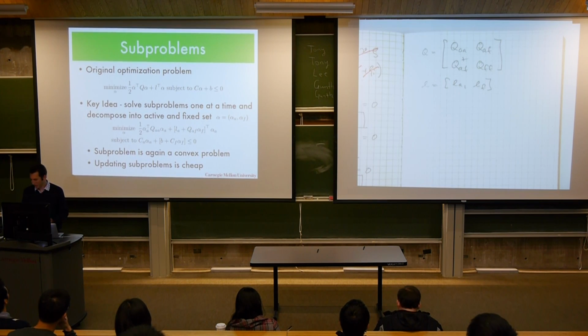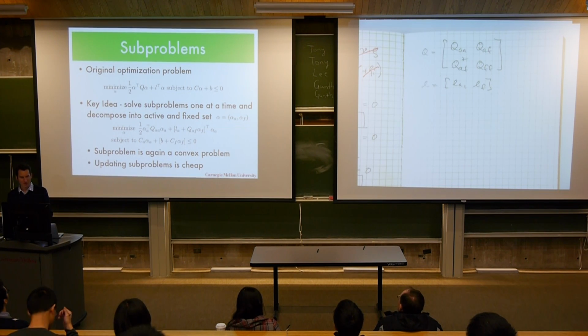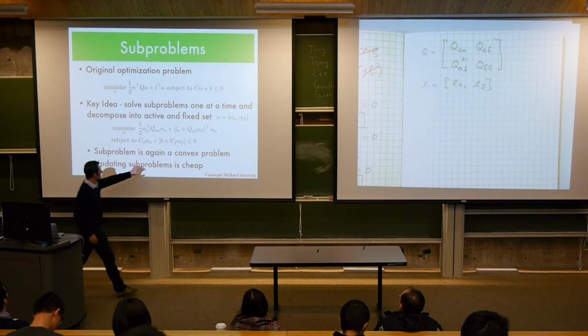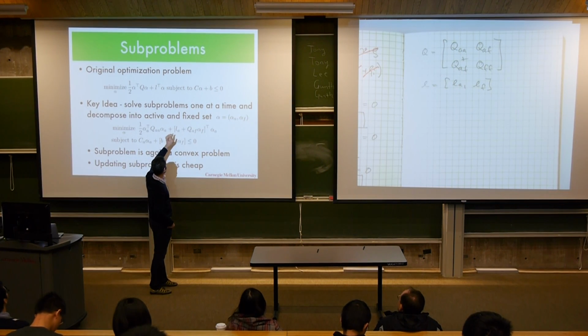Okay, so now I do this. I plug this into the optimization problem up there, multiply out all the terms, throw away everything that doesn't involve alpha A, and everything that's fixed, well, just add it to the fixed terms, right? That's what I get here. So I do the same thing for the constraints.